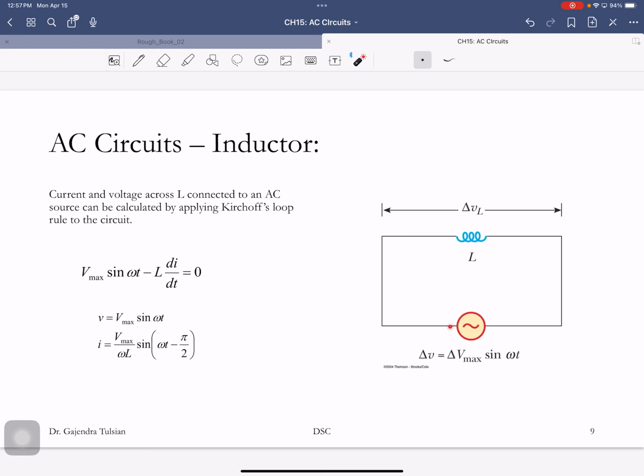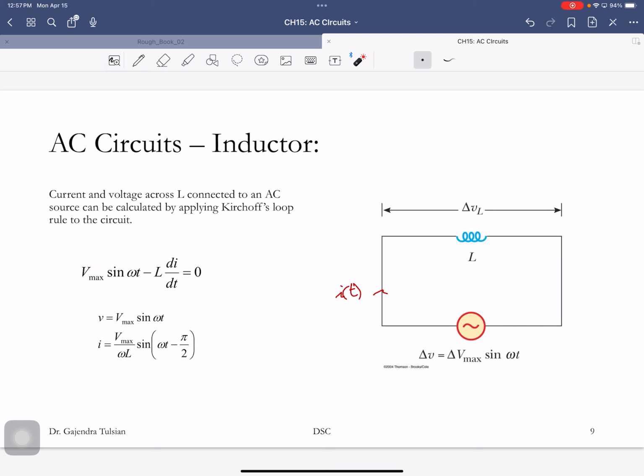So there's the voltage across the source, and then the voltage across the inductor is minus L di by dt. What are you interested in? The current in this circuit, the current that's being drawn through this thing. You have to solve this differential equation.